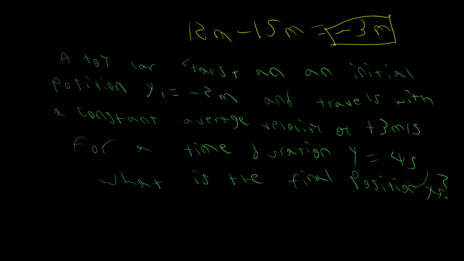So first, what we would do, let me go onto a blank canvas. So first, we would write down that average, let me do this in red. Average velocity is equal to the final position minus the initial position, because that's our definition for delta x, change in displacement, and then over the change in time.